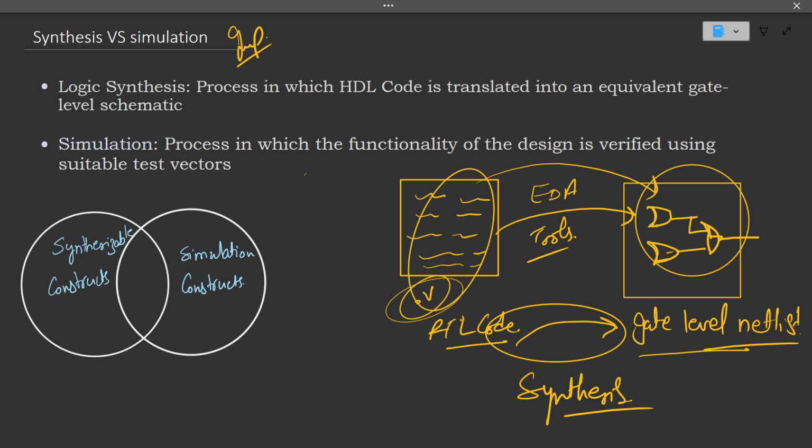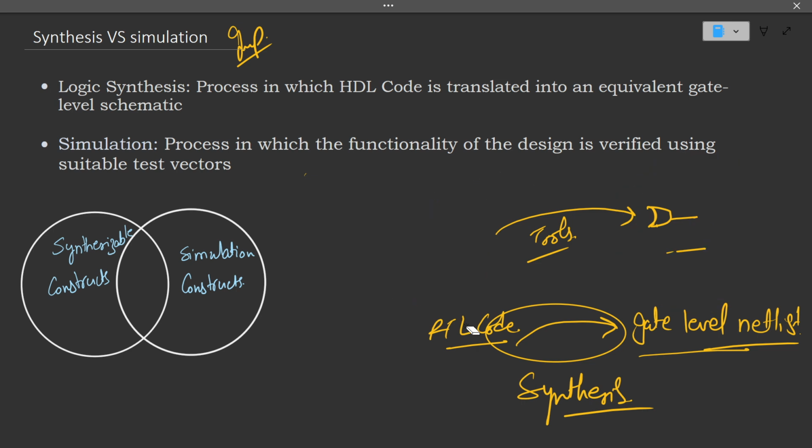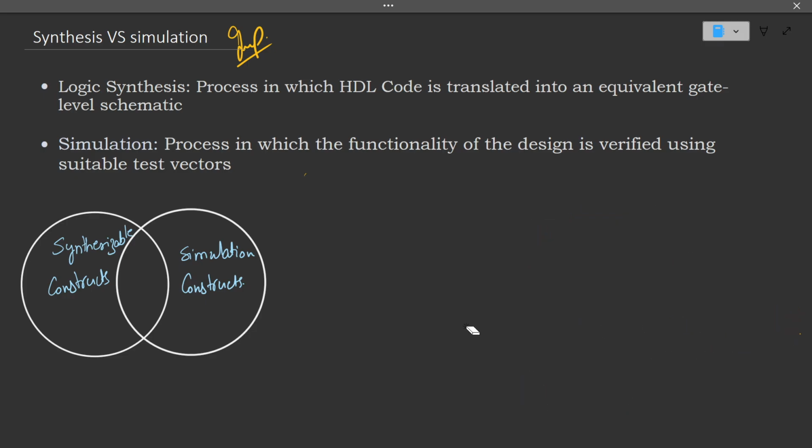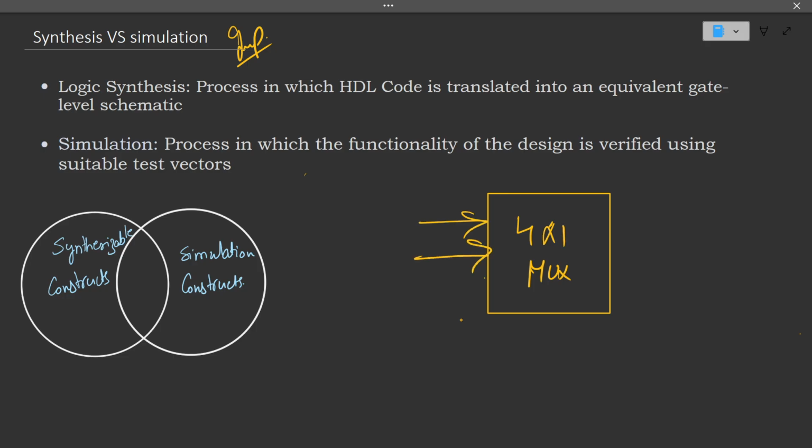Now we have got this design, or you have written a code, and you want to verify your design. For example, let us say you have designed a 4:1 mux and you want to check it.